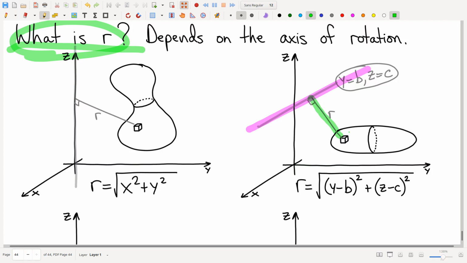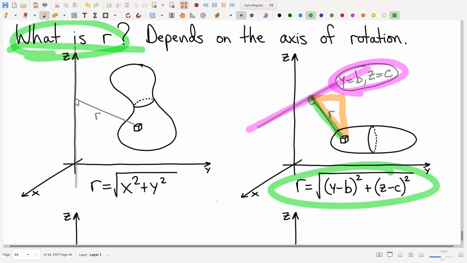You need a formula for distance to your axis of rotation. Now, in this case, because this axis just happens to have a simple representation, it's parallel to the x-axis in particular, the geometry works out really nicely and conveniently. You can draw this little triangle right there, and think about what these two legs are of that triangle, and without too much trouble, you can persuade yourself that this is your formula for r.